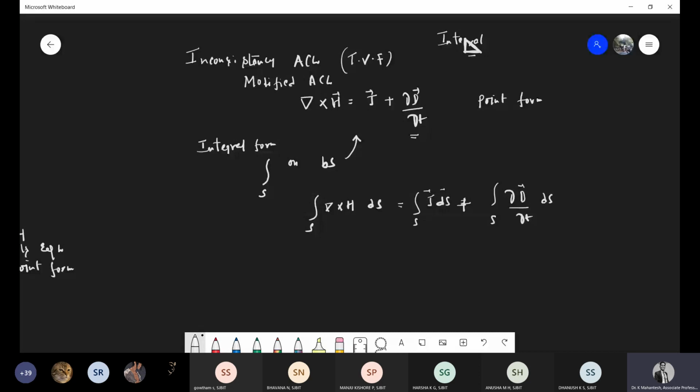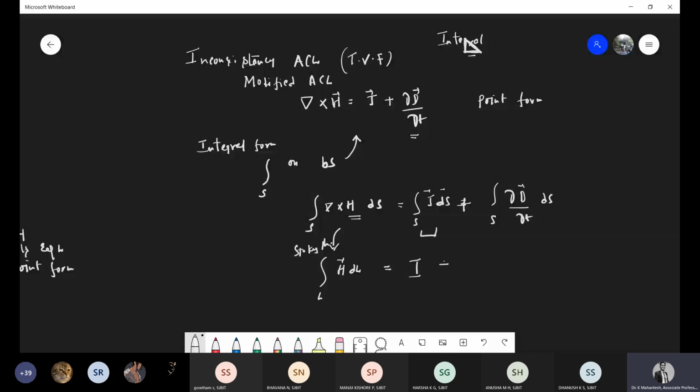Surface integral can be converted into the line integral using Stokes theorem, so it will become closed line integral of H dl. Only the left hand side of your equation will be converted to the line integral. And what is this? This is I.